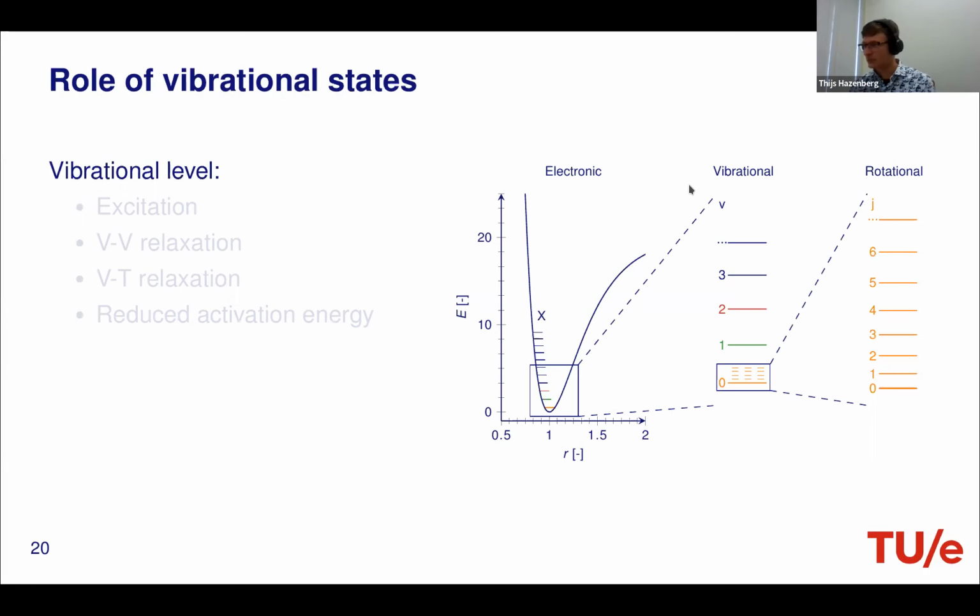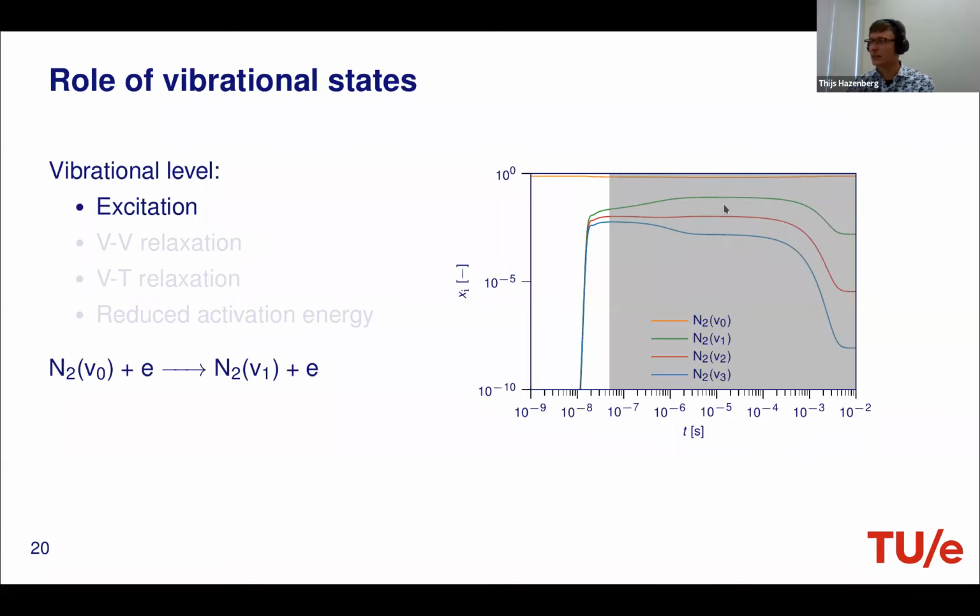Right, so a very quick recap of the vibrational levels. If we have an air model where we have individual vibrational levels, we can have a plasma at the beginning. We create highly excited states of vibrational levels, and that's our plasma in the beginning.